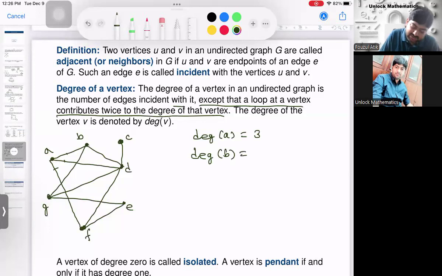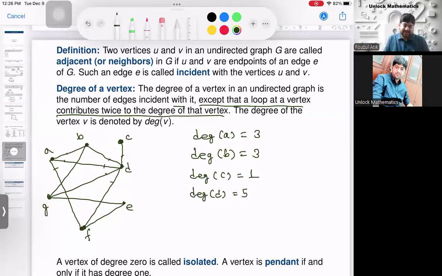Degree of C is 1 because only one edge is involved in it. Right? Degree of D is 1, 2, 3, 4, 5, actually 5. So this is how the degree is defined.